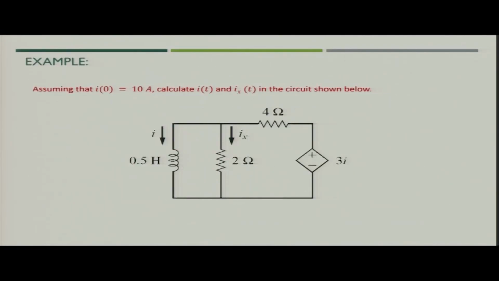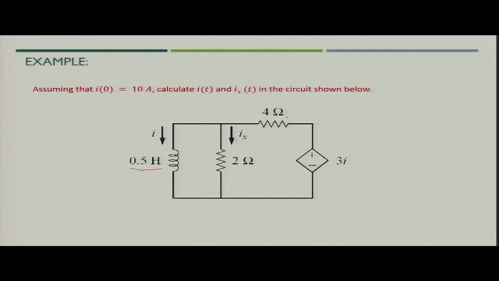Now, let us take one example so that we can clear the concept. Let us say we have one circuit as shown in the figure. Here one inductor of 0.5 Henry is carrying some current I, and in parallel with it we have a 2 ohm resistance where the current Ix is flowing.